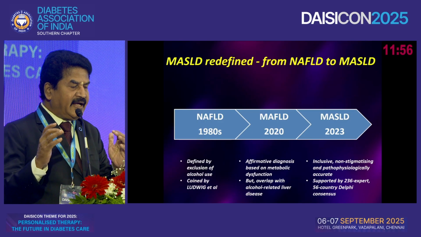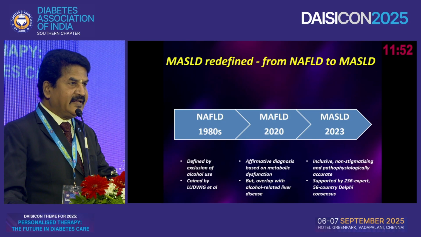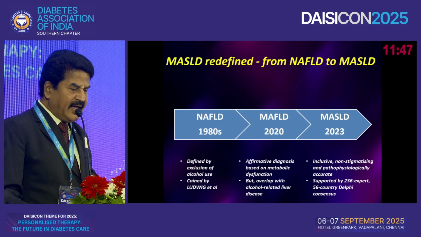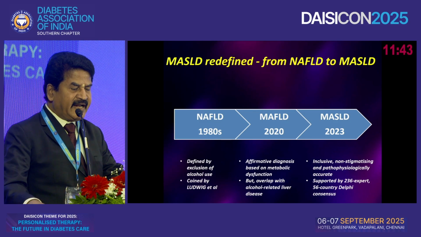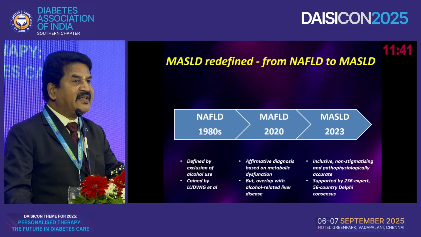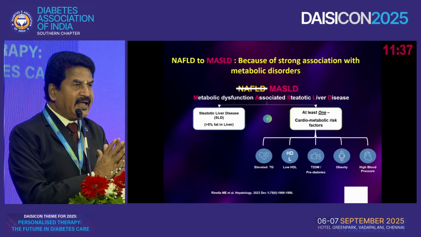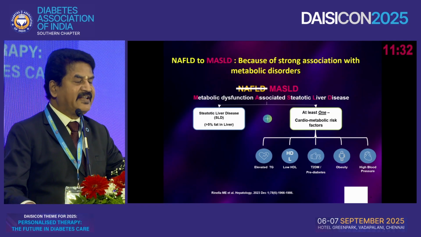Yes, MASLD is redefined. Why MASLD in 2023? This term is inclusive, non-stigmatizing, and pathophysiologically accurate. Supported by 236 experts, a 56-country Delphi consensus. So why MASLD? Because of the strong association with metabolic disorders.